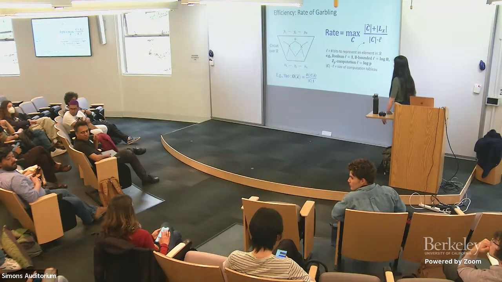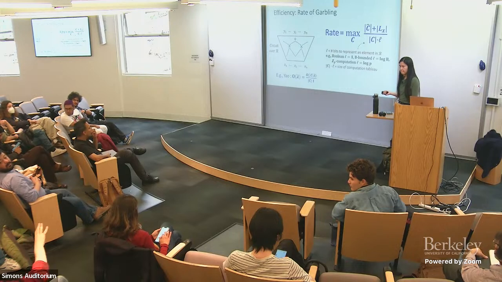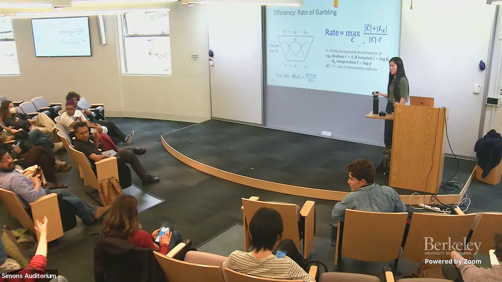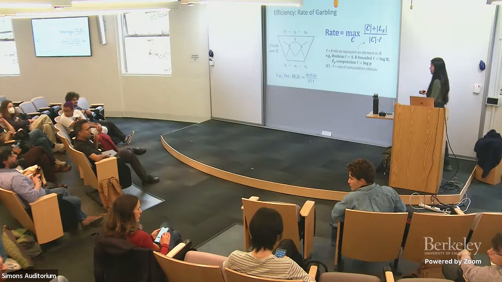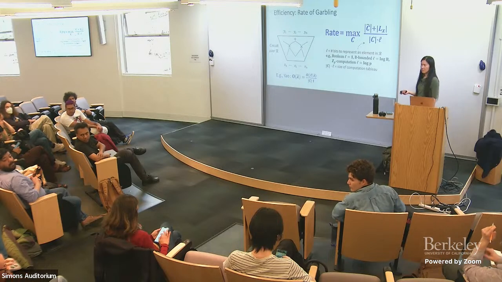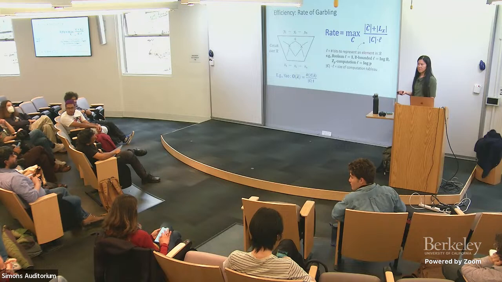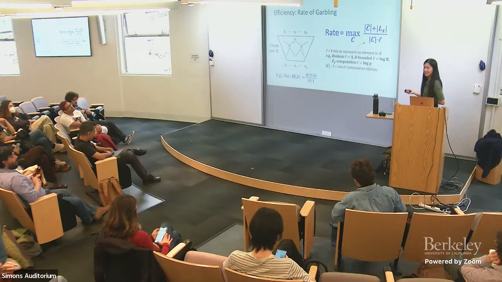Maybe it's a natural definition in the context of existing practical garbling schemes, more gate by gate. Okay, but anyway, it's a definition. It's really suitable for a gate-by-gate approach.